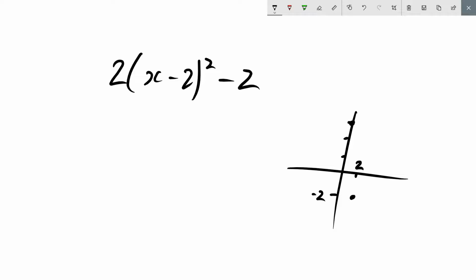And then you can put this into the normal factorized form to get the x-intercepts. So what I'm going to do is I'm going to divide by 2.